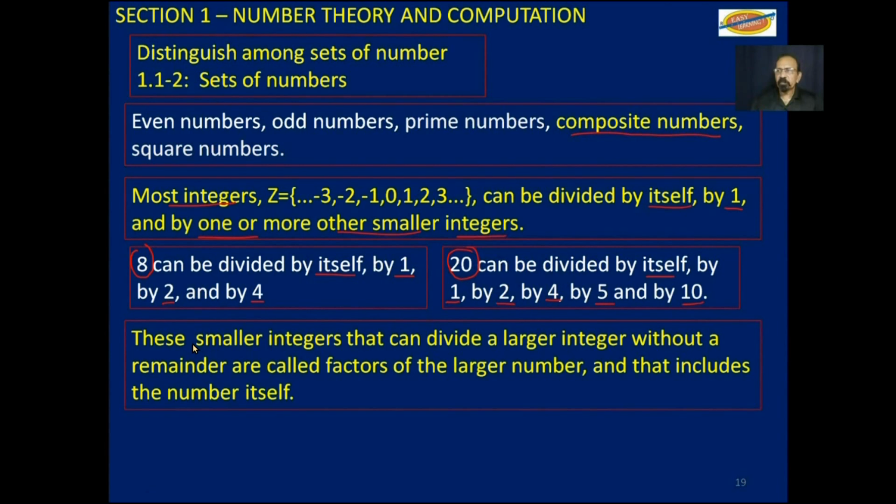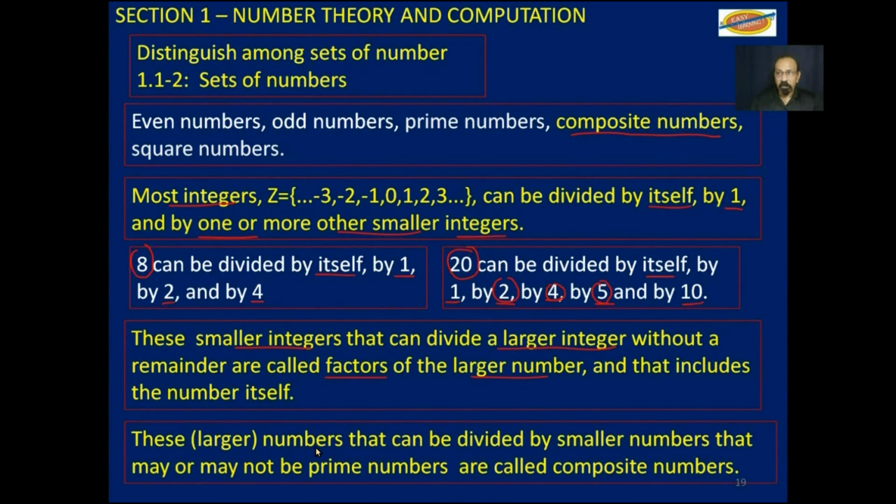Now, these smaller integers that can divide a larger integer without a remainder are called factors of the larger number. So 2, for example, is a factor of 20, 4 is a factor of 20, 5 is a factor of 20.